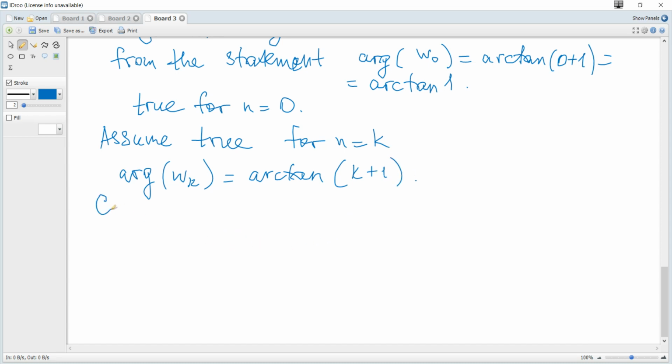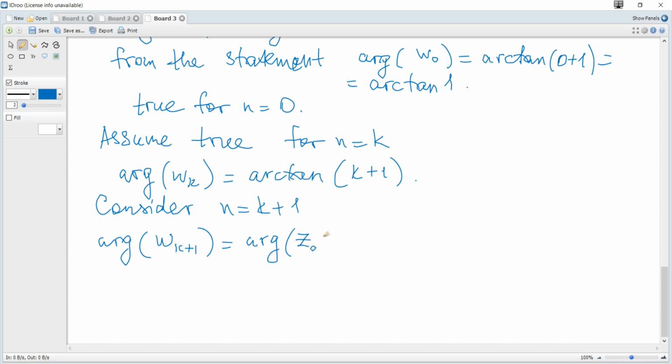And the next step is we consider n is k plus 1, and we consider argument of wk plus 1, and it's argument of z0, z1, and so on up to zk minus 1, zk, and zk plus 1.